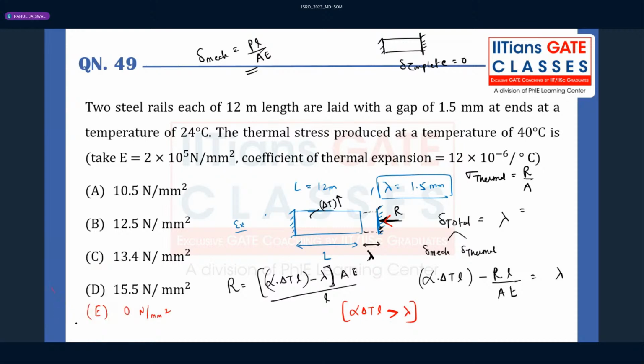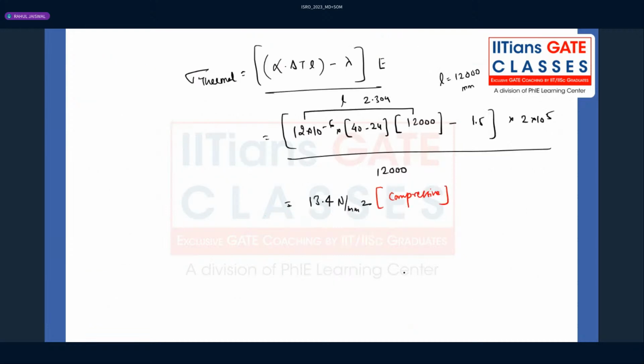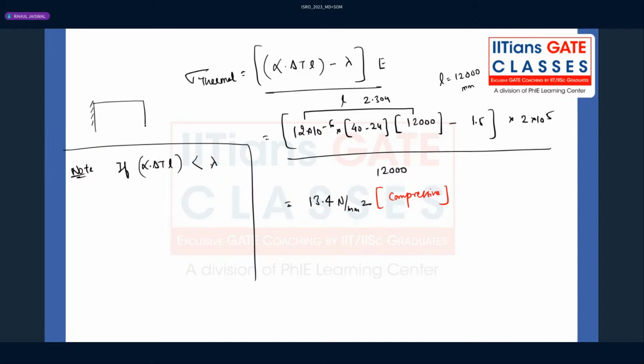Put a note: if alpha into delta T into L is less than lambda, that means the provision for deformation which is permitted is there, but your bar is not able to expand up to that much length, it is only able to expand up to this much length.